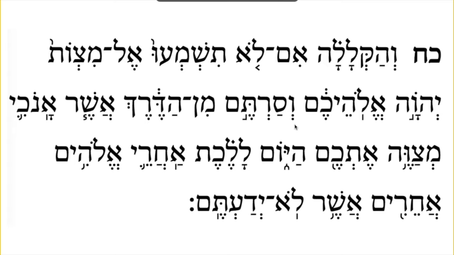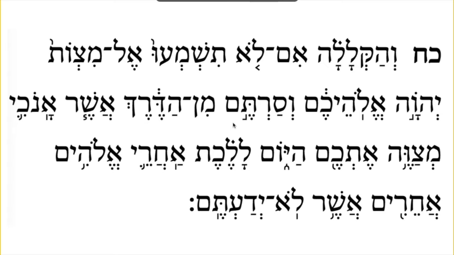Okay, and then this is a vav with a shva. We're going to sound that again at the beginning of the word. V, the samek with the a, sa with the resh. This is going to be silent because it's the middle of the word. Sar, v, sar, and the tav with the segol and the mem sofit will be sounded together. So this would be t-e-m. So can someone sound that word?